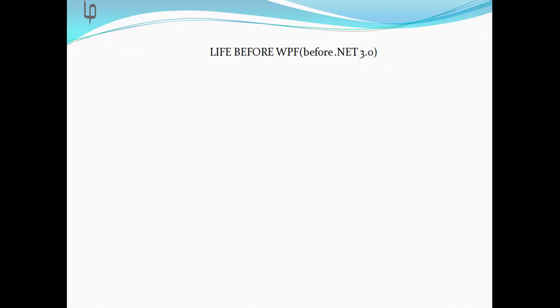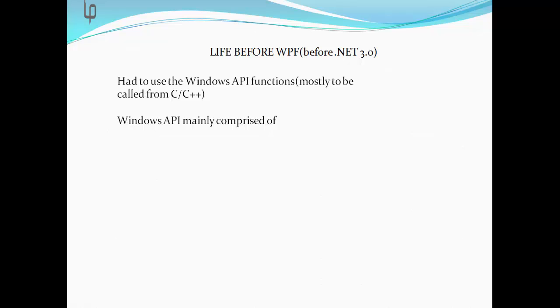Prior to WPF, we had to use the Windows API functions for developing Windows applications, and these were mostly called from C or C++. These Windows API functions were broken up mainly as shell functions, for representing the Windows GUI as the desktop, taskbar and explorer.